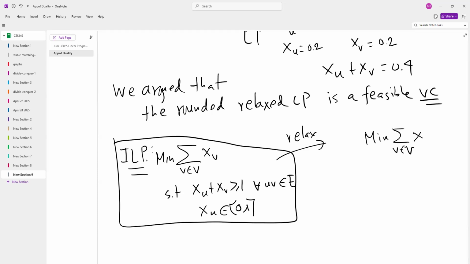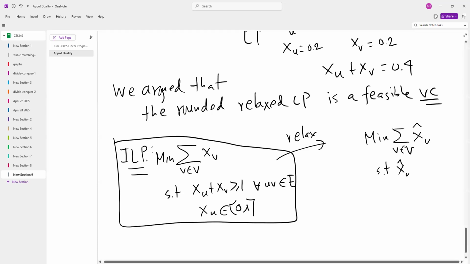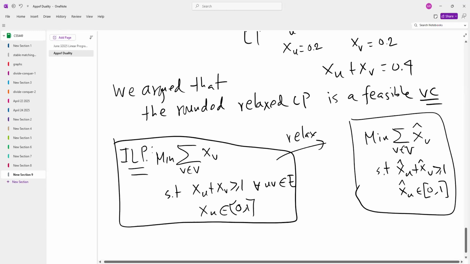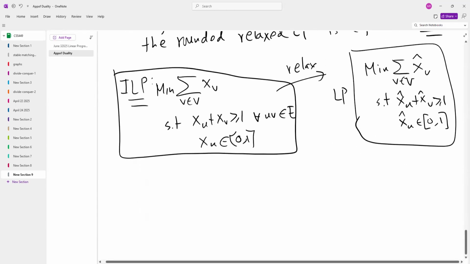I'm going to call it x hat v, such that x hat u plus x hat v is greater than or equal to 1, and x hat u is now in the range between 0 and 1. Okay, and this is an LP.